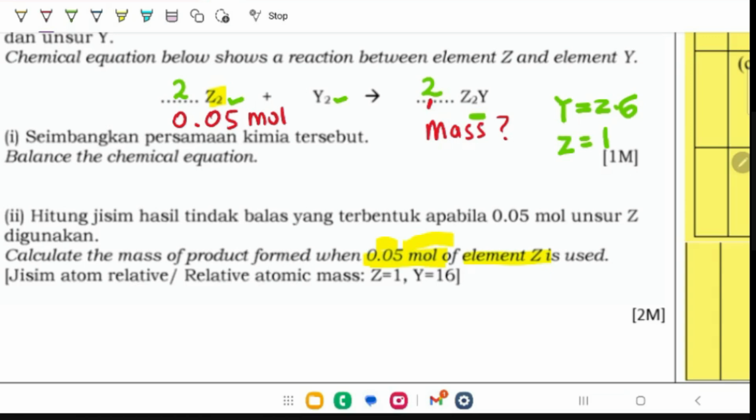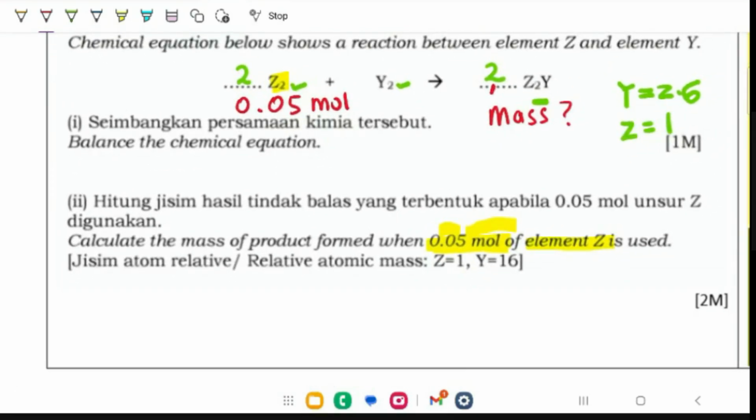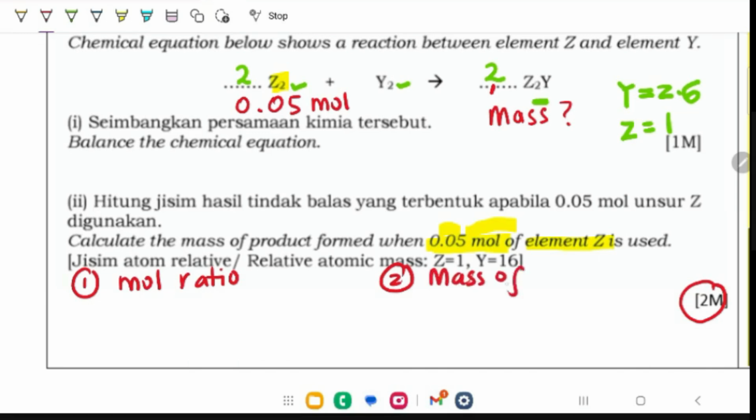Then how about the mass of the Z2Y? Okay, so mole ratio, class. You have to do it in 2 steps, 2 marks. First you have to find the mole ratio. Number 2, you find the mass of Z2Y.